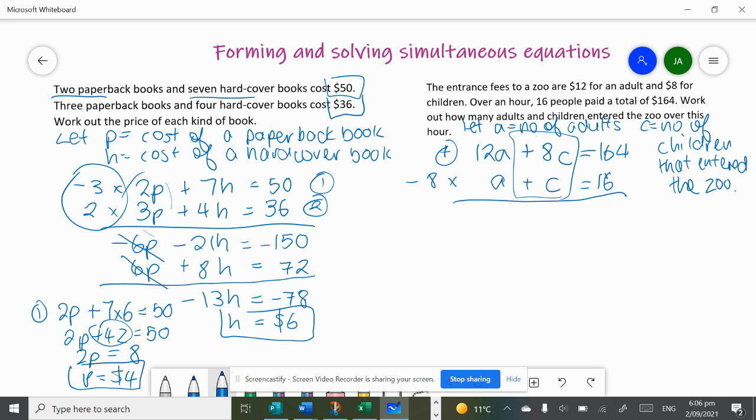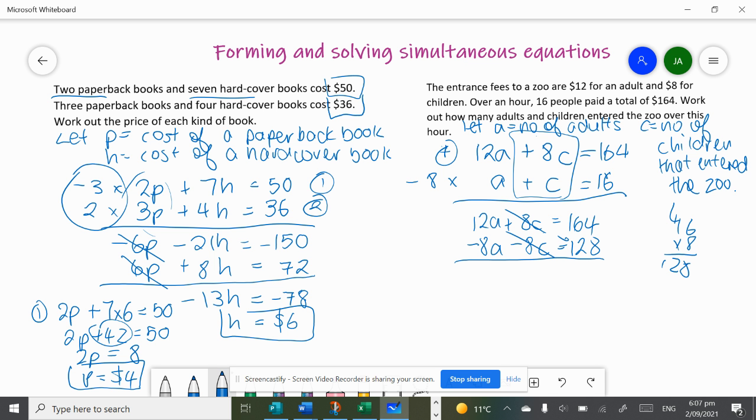So let's rewrite it. We've got 12a plus 8c equals 164. Now we've got negative 8a minus 8c equals negative 128, since 16 times 8 is 128. Now we add those together.